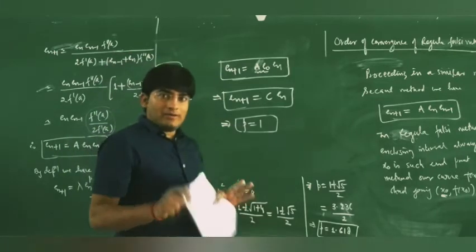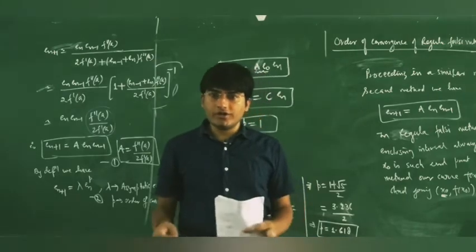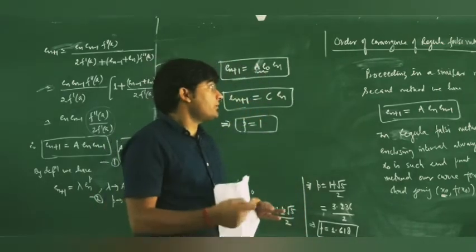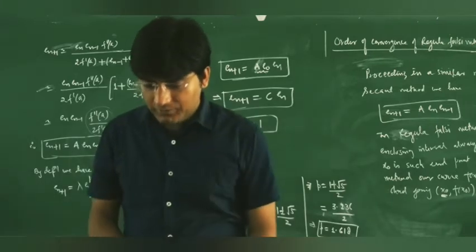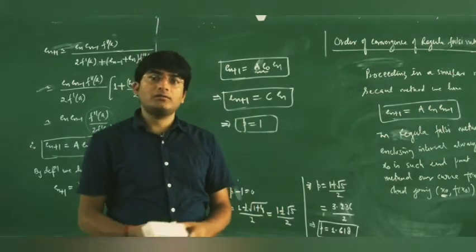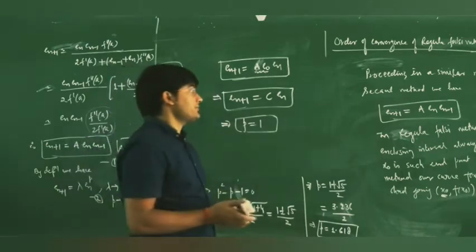Now I will discuss the condition of convergence of the iterative method. Then we will find out the order of convergence of the iterative method, and if the time persists, then I will discuss the order of convergence of Newton-Raphson method.